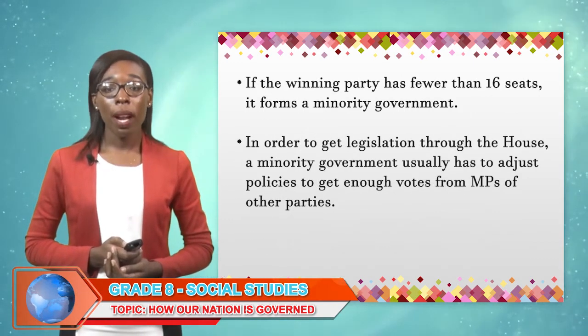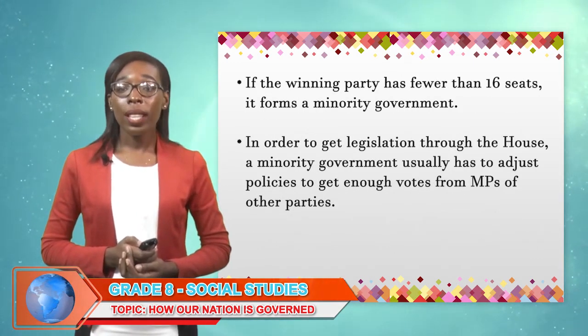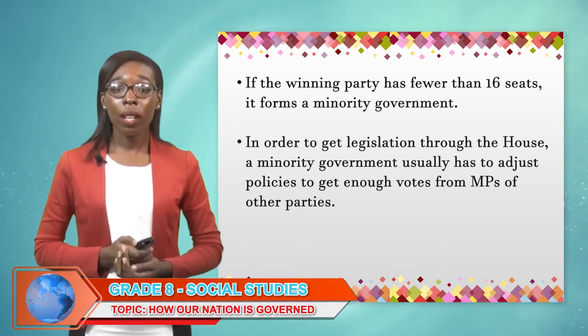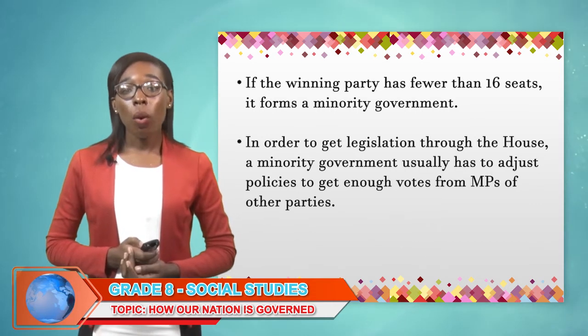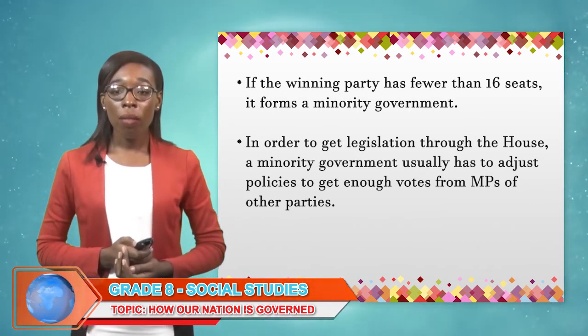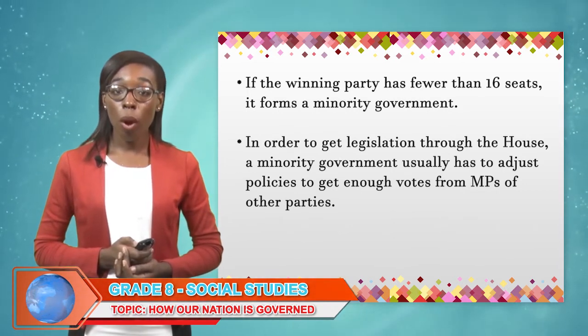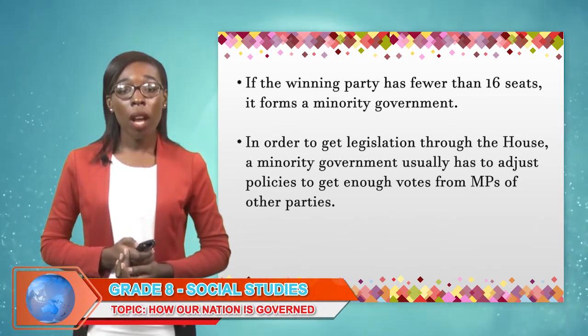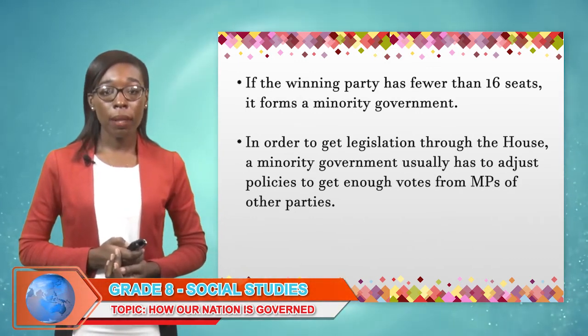If the winning party has fewer than 16 seats, it forms a minority government. In order to get legislation through the House, a minority government usually has to adjust policies to get enough votes from members of parliament of other parties.